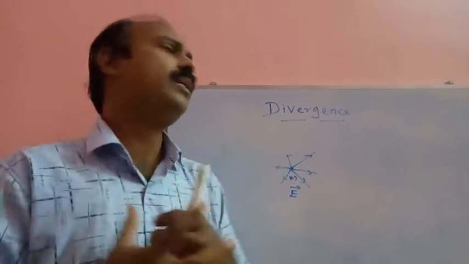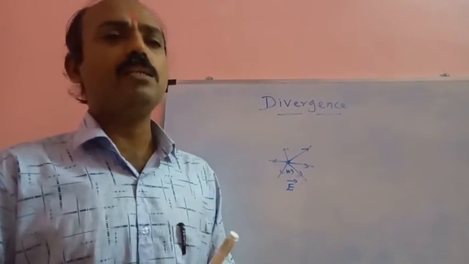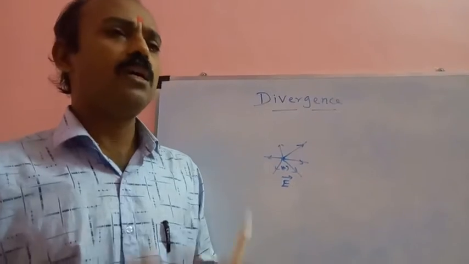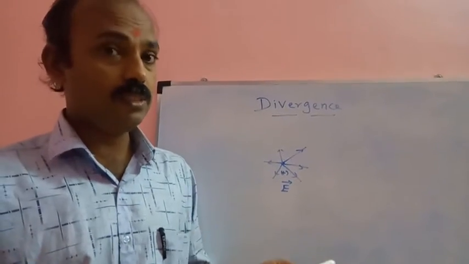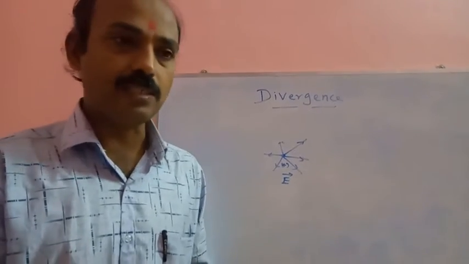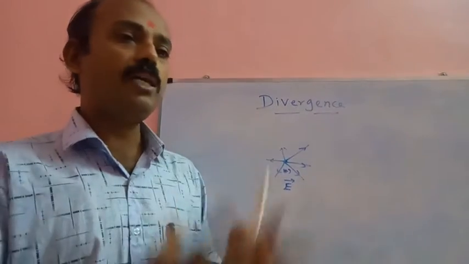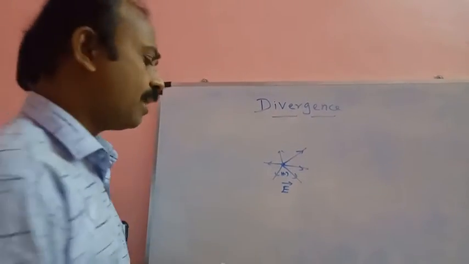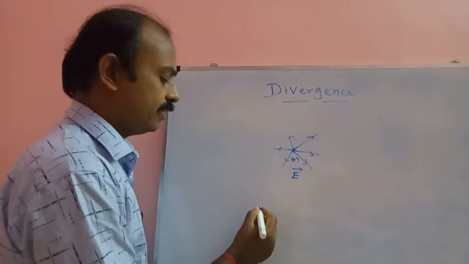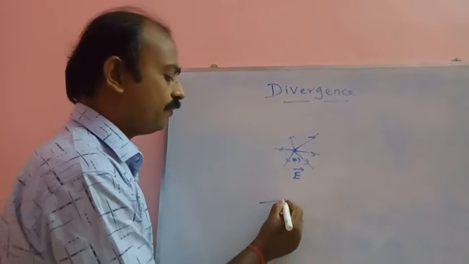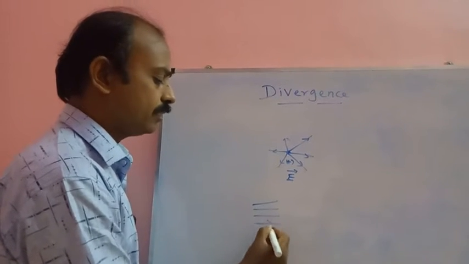Then the second one: divergence means a change in the density of fluids. Fluids may be water or gases. The density of a fluid flowing according to a given vector. So for example, in case of water, that is water flowing like this. It's spreading out.